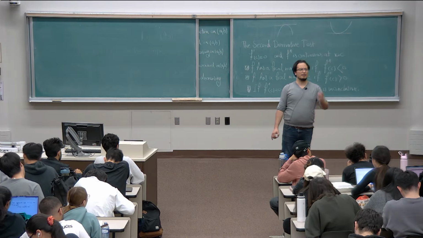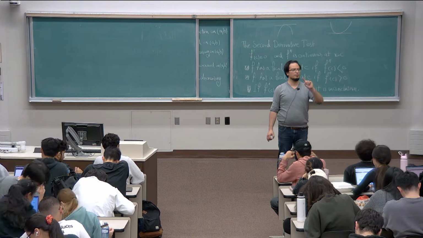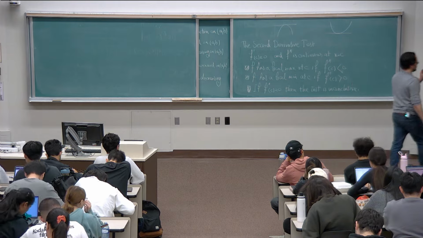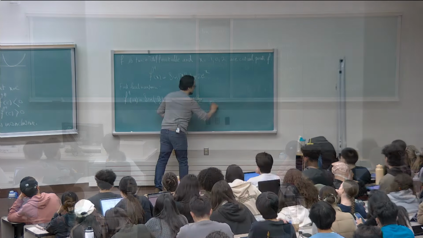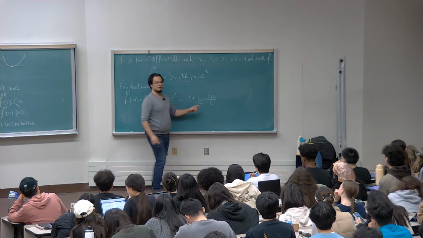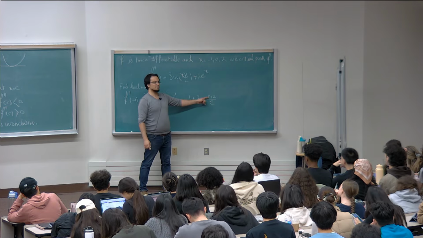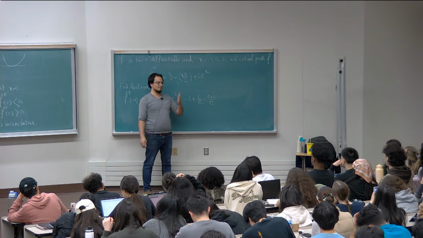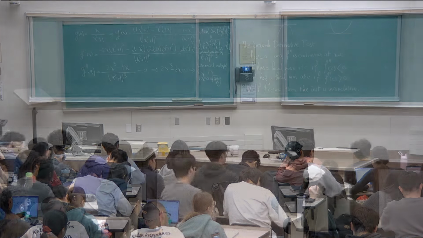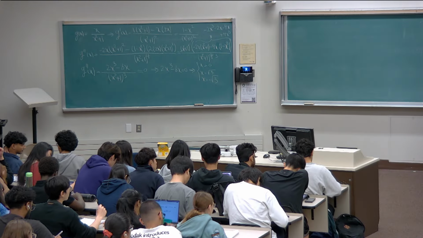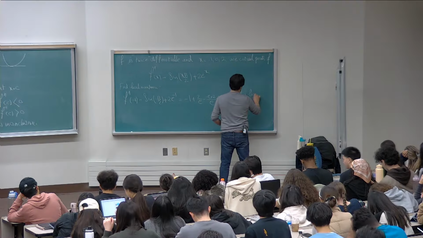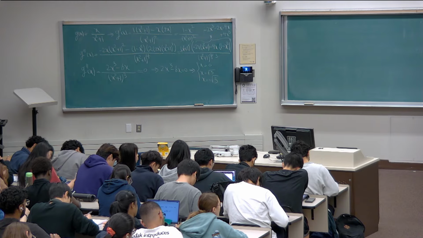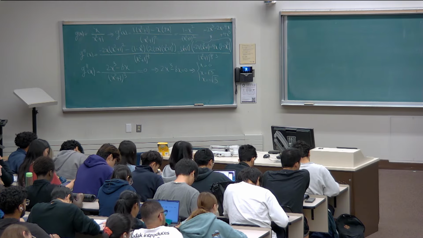Can you help us figure out why? e is 2.7 something, so 2 over e is less than 1, and negative 1 plus that is a negative number. So f has a local max at x equal to negative 1.